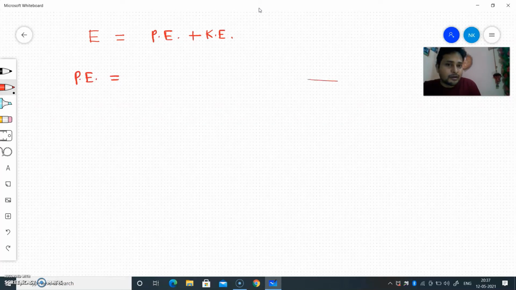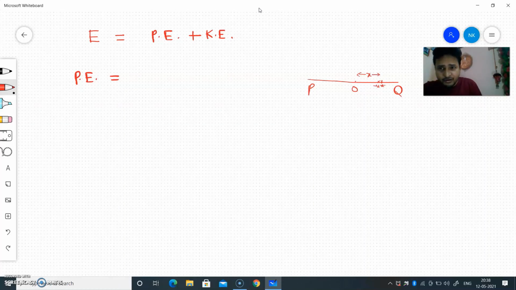Suppose a particle is executing SHM from point P to Q, and O is the mean position. At some time t, the displacement is at position x, and I want to displace it by an infinitesimally small amount dx.